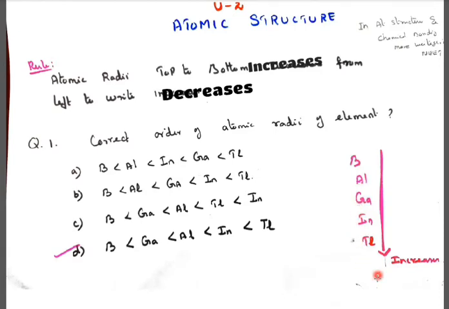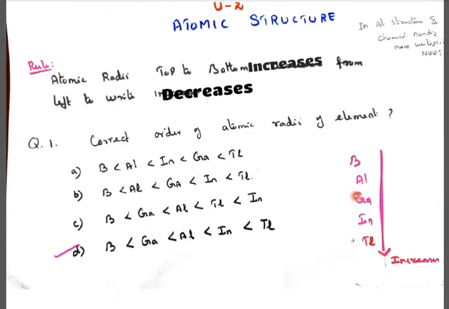When you come from boron to aluminium, it has a larger size. The atomic size increases as the atomic number increases. So thallium is in the first place, then indium should come, then gallium should come, but aluminium is exchanged in the place of gallium. Aluminium and gallium are exchanged because gallium has a completely filled 3d orbital.